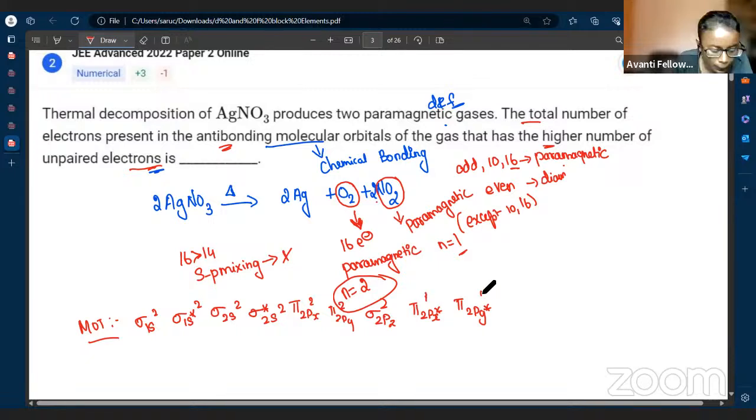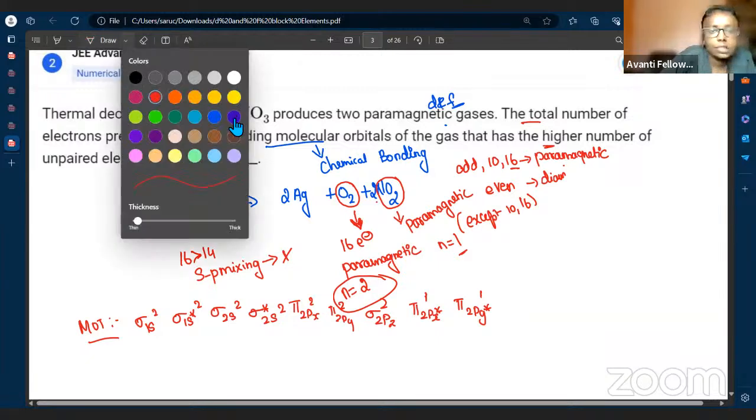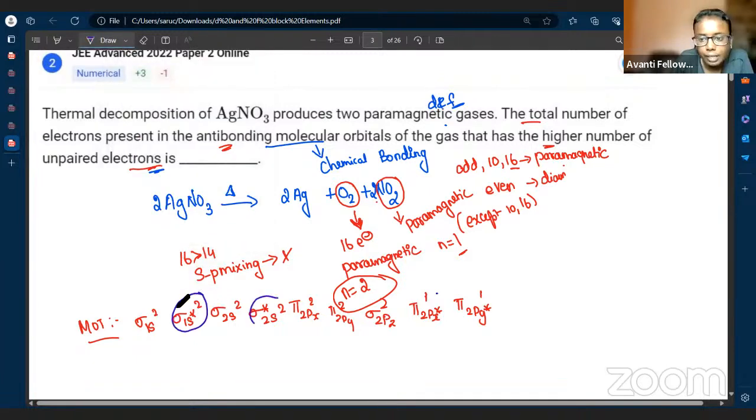Now count the total number of antibonding molecular orbital electrons: 2, 4, 5, and 6.